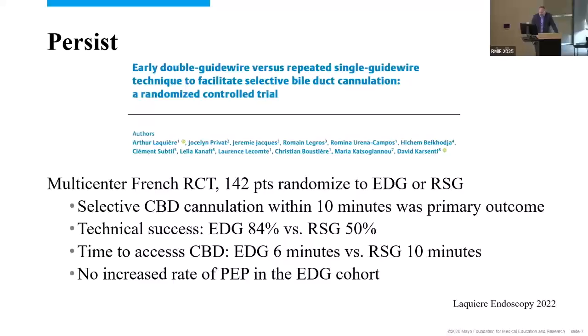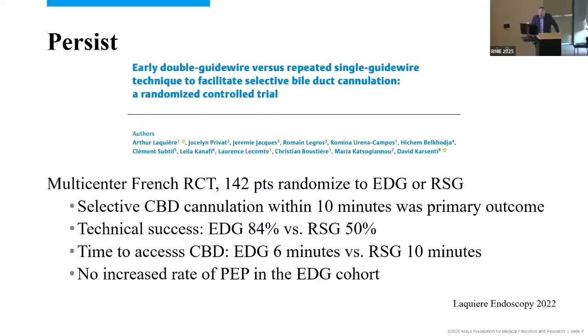We know that there's very good data to suggest that double guide wire technique works. There's a multi-center French study, 142 patients who were randomized either to early double guide wire or just repeated single guide wire attempts. The primary outcome was selective common duct cannulation within 10 minutes.